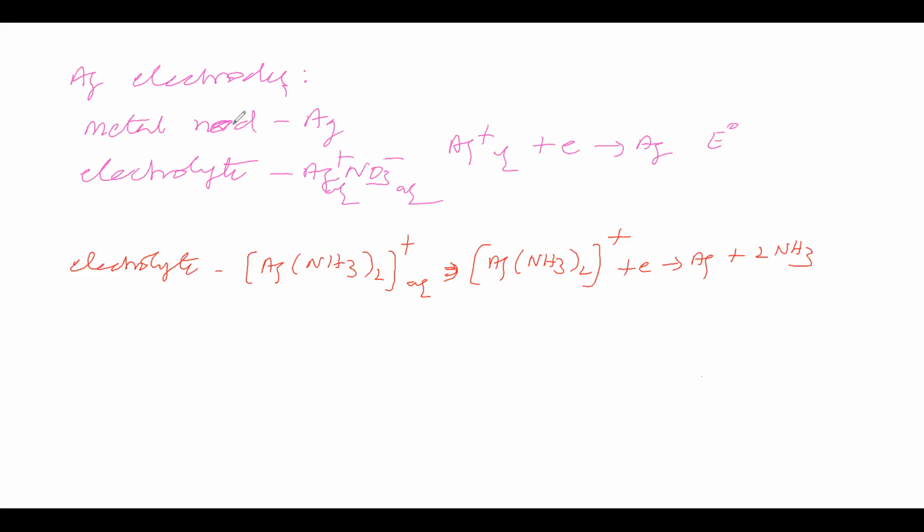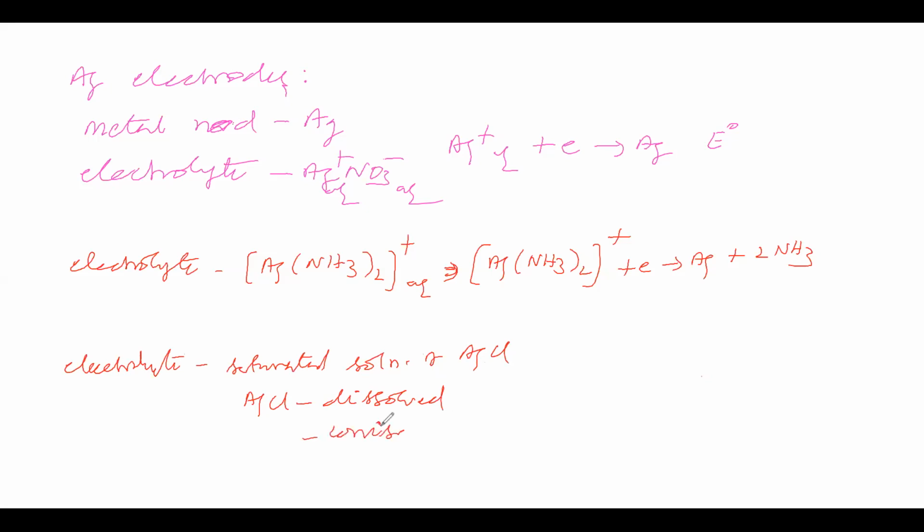Next we will take the electrolyte as a saturated solution of silver chloride. In this, silver chloride is in dissolved state. The dissolved silver chloride is in ionized state.